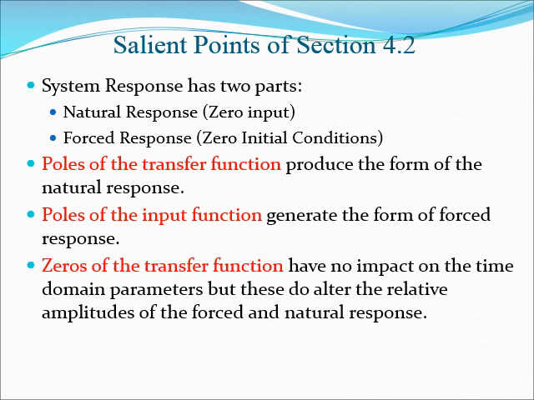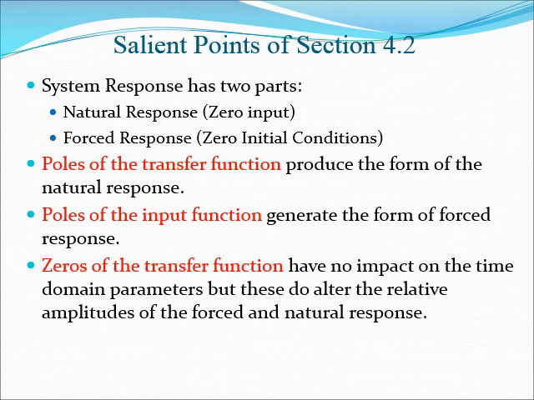The natural response is when the input is 0, and this is from the system itself. The forced response, when you apply an external input with 0 initial conditions, the system will have a response, and that is called the forced response, or the response due to a forcing function.